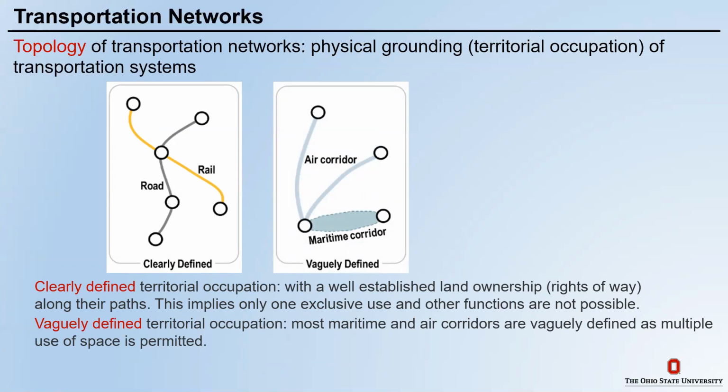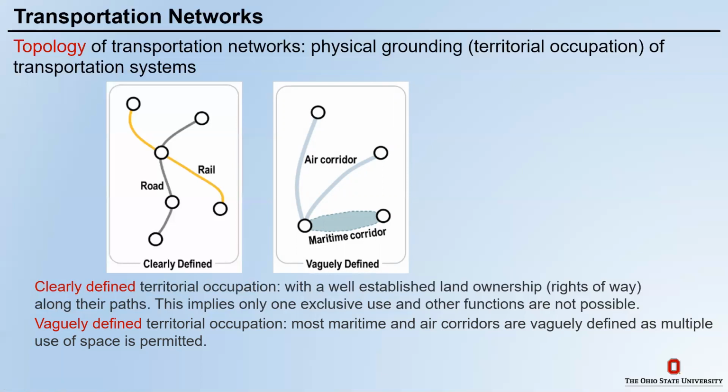And we have a vaguely defined territorial occupation, okay? Most maritime and air corridors are vaguely defined as multiple use of space is permitted. For example, there is a maritime corridor between, say, China and Japan. But does that mean this corridor is exclusive to cargo ships? For cruise? No. If you are a fisherman, you can use your boat to fish within this corridor. This corridor is more like an abstract concept.